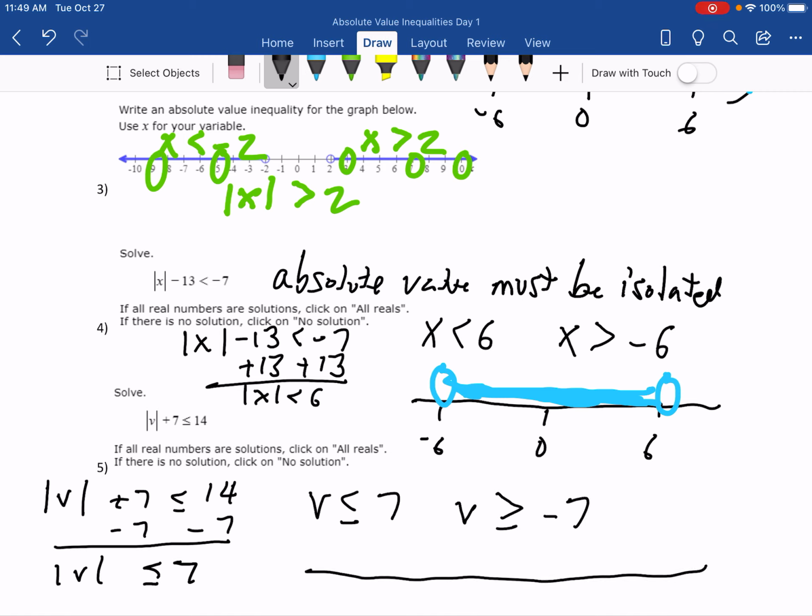On the graph, 0, +7, -7, less than or equal to 7 goes like that. Greater than or equal to -7 goes like that as well. So this one's also an AND inequality.